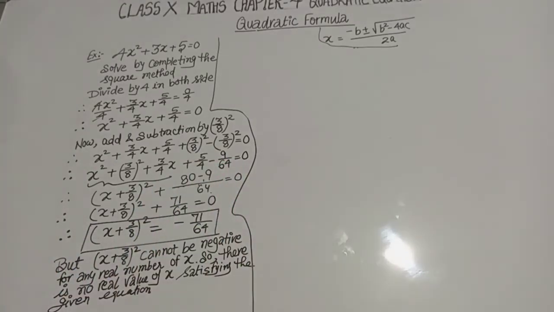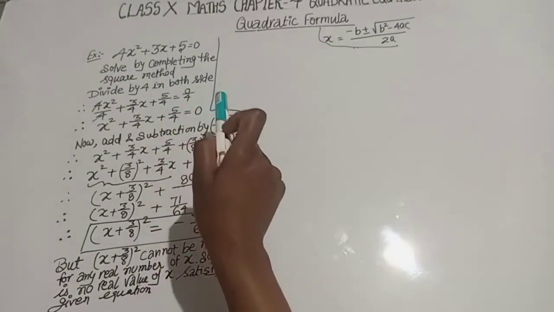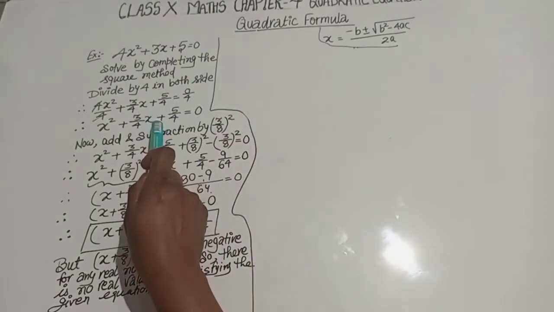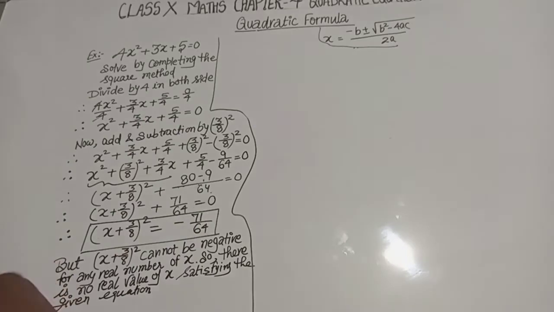what is the next step we have done in the completing the square method? We add and subtract the square of half of the coefficient of x. The coefficient of x is 3 by 4, and half of 3 by 4 is 3 by 8.